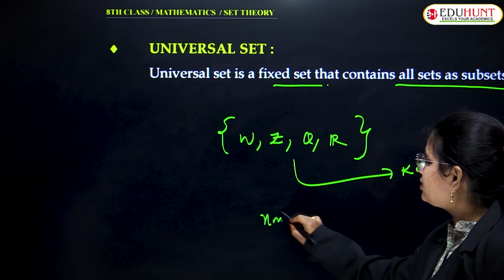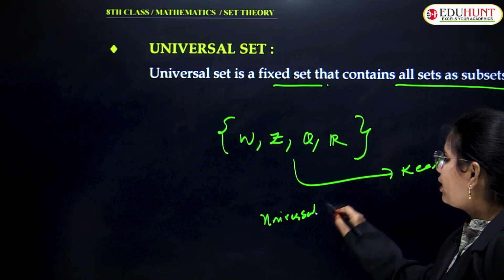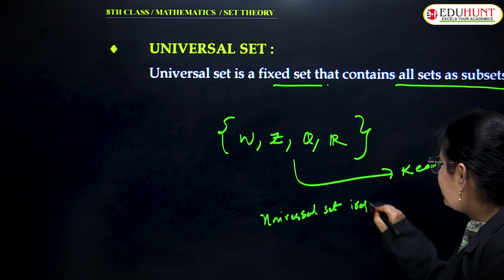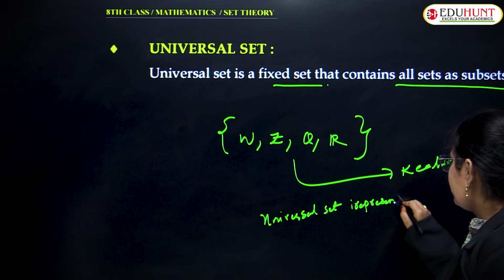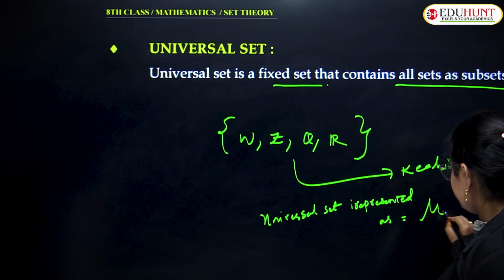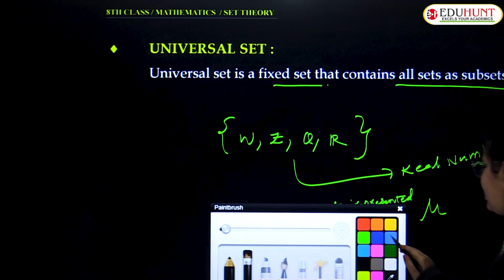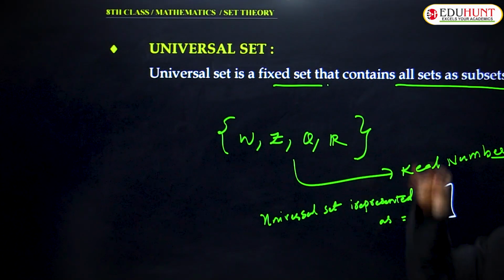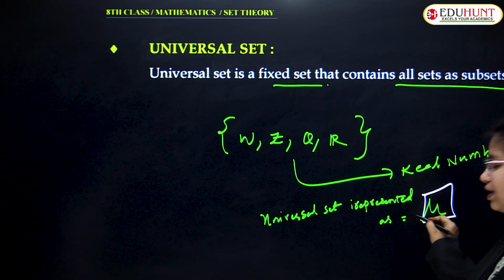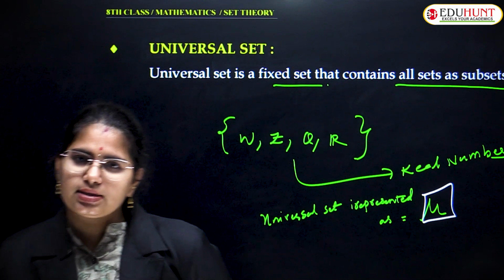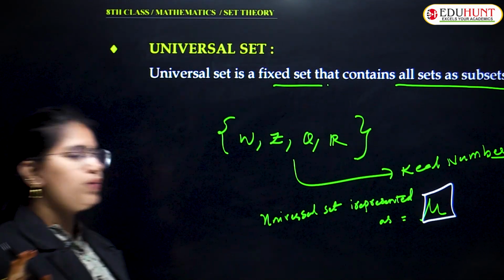And universal set is represented as mu, like small u, mu, like small m. That is the notation of universal set, okay? And I told you with an example too.